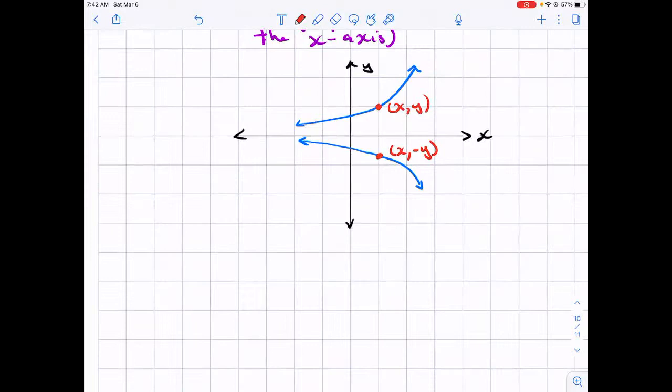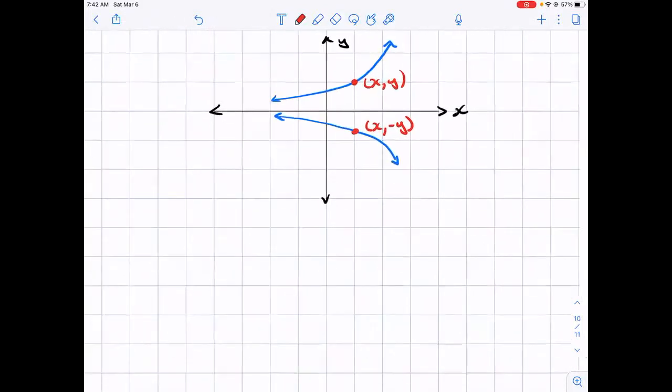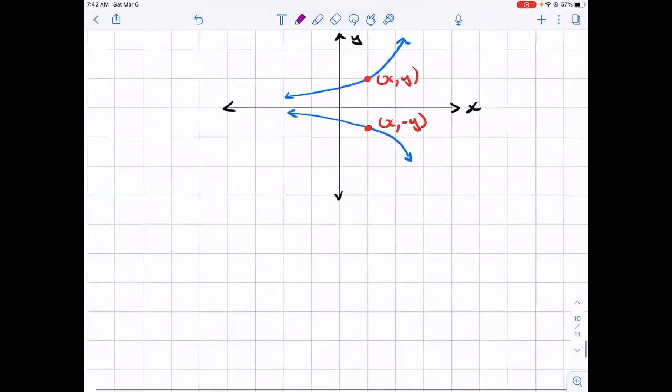In addition, we can have y-axis symmetry.